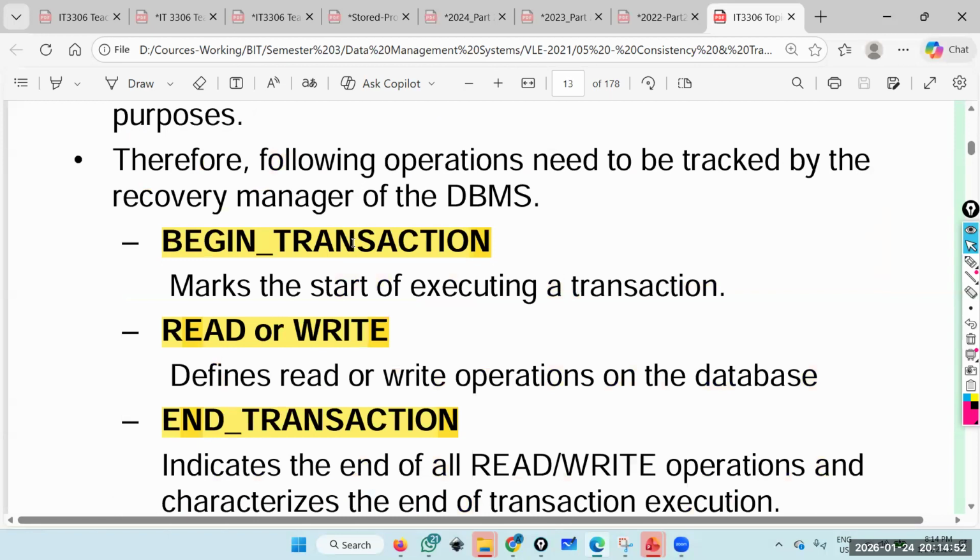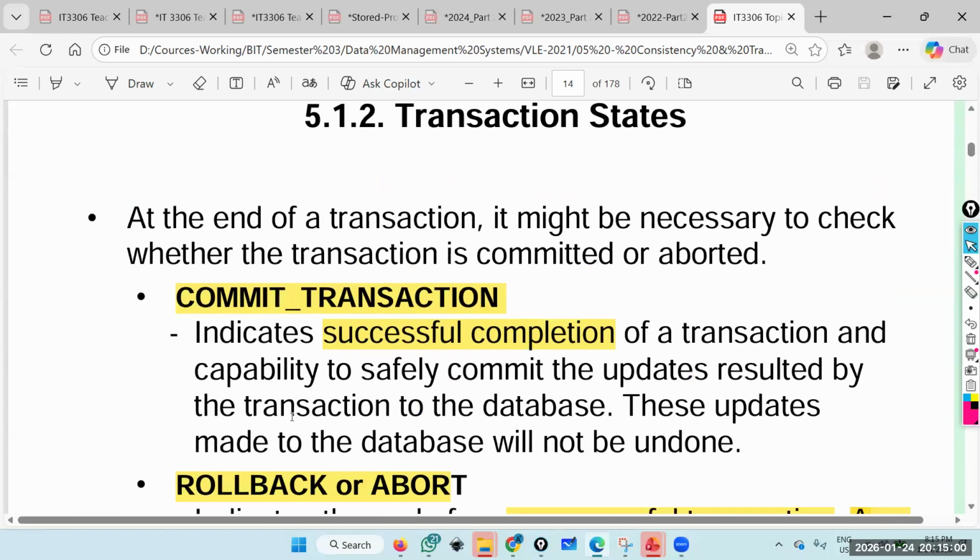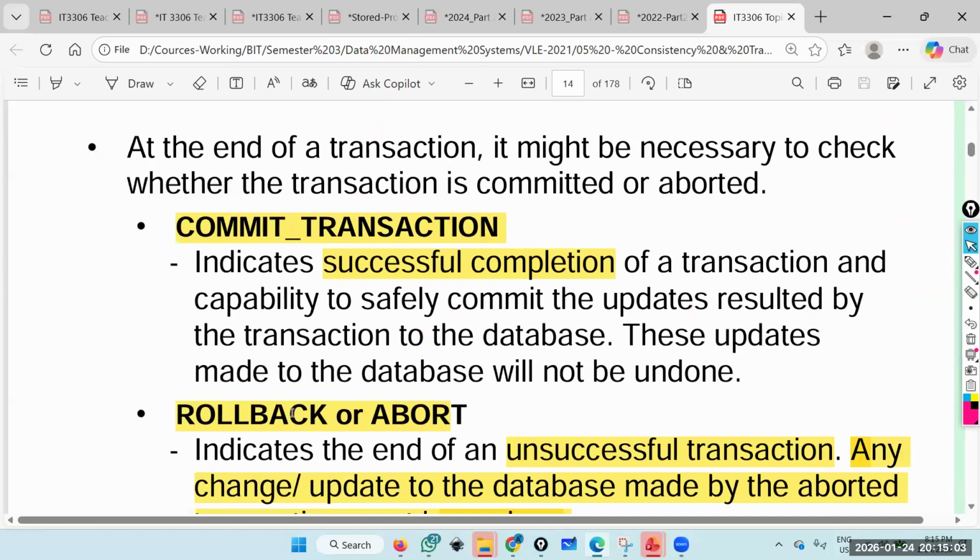Right. So you begin the transaction, do the read and write operations, and end the transaction. Your end result can be either commit or rollback. Of course, you write commit, but just because you write commit, it doesn't mean that it always commits. Maybe it's a rollback.